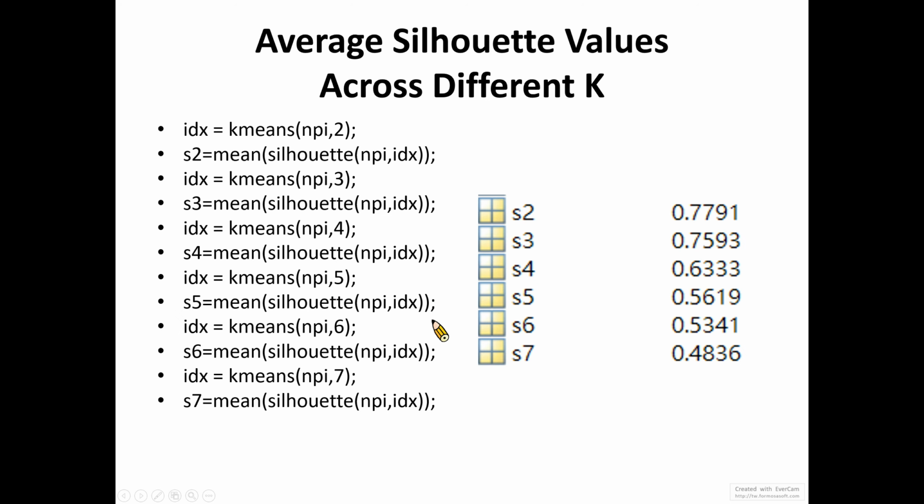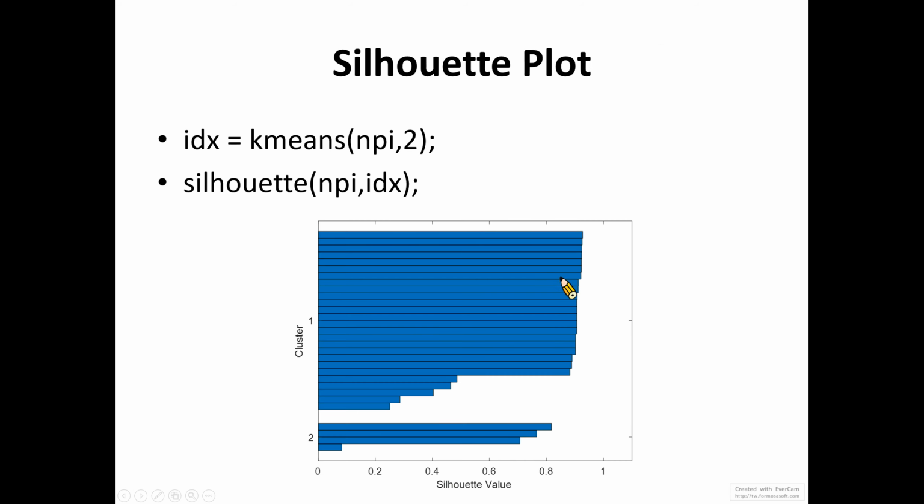One way to determine the number of clusters is to average all these silhouette values across the observations and see what the average is.